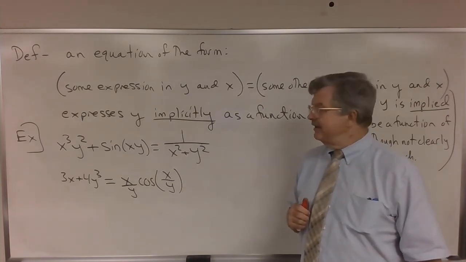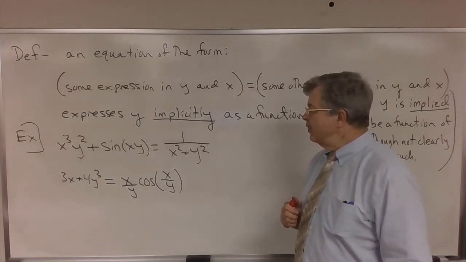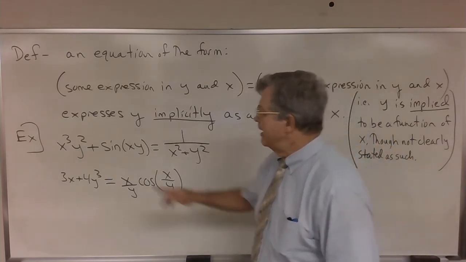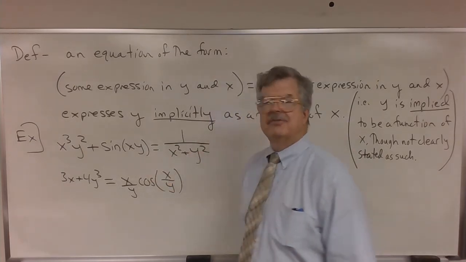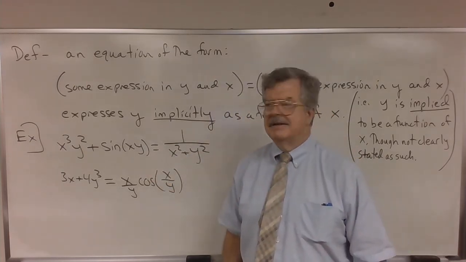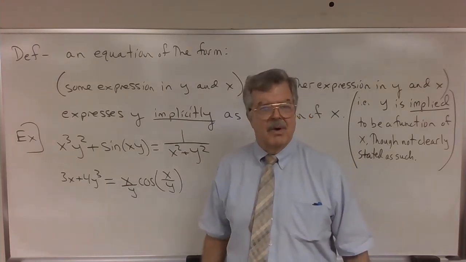Now, what are these relationships? Beats me. When x is 1, we have y squared plus sine of y equals 1 over 1 plus y squared. There's not a person on earth that could solve that for y.